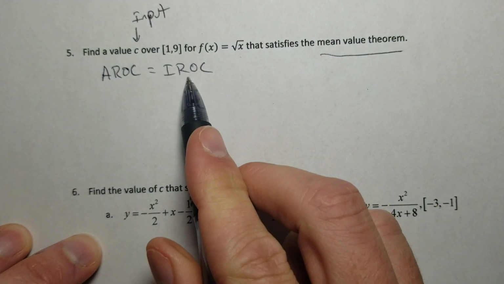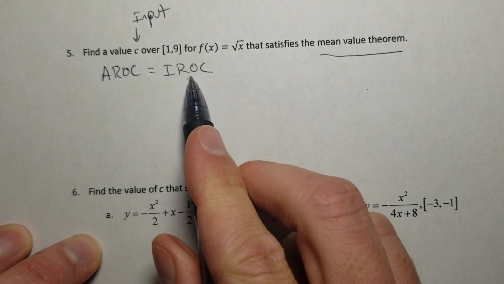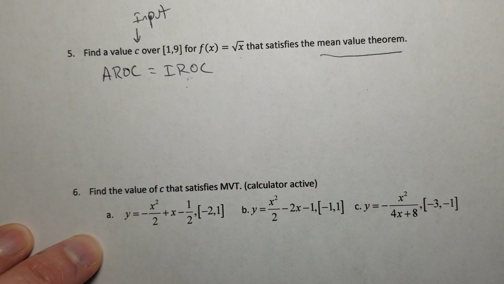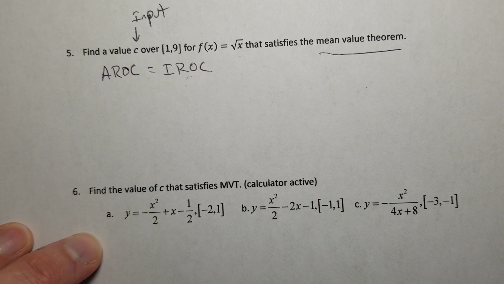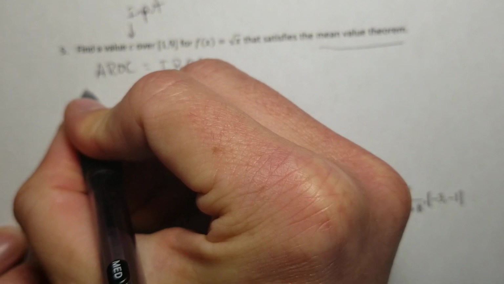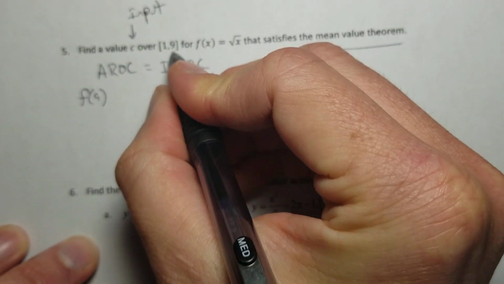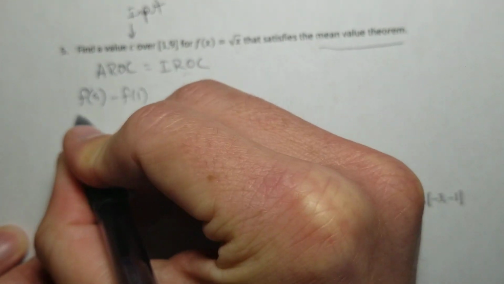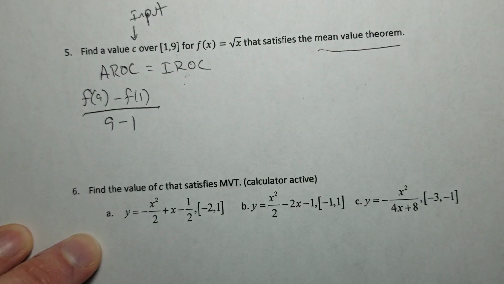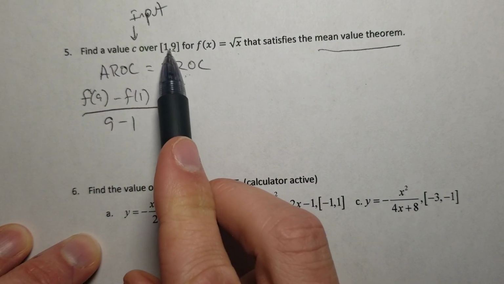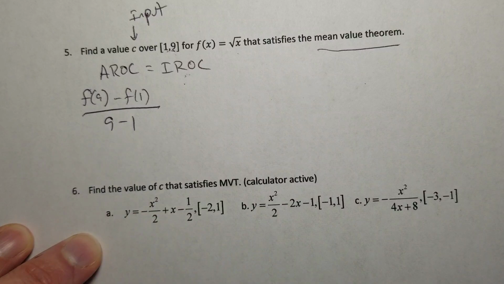I want to find that value of the input where the derivative equals our average rate of change. So let's go ahead and do this. Average rate of change is f of 9 minus f of 1 all over 9 minus 1. Okay, we're taking the endpoints and finding the average over those endpoints.